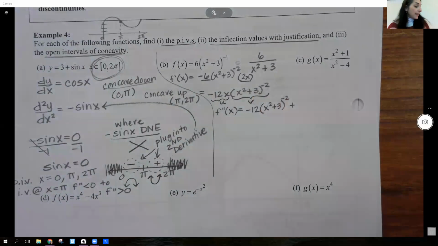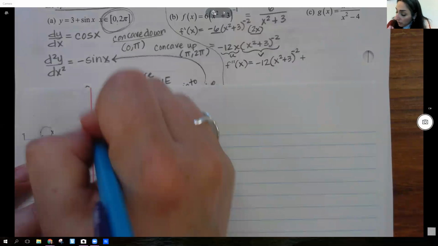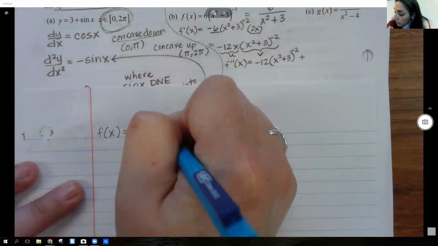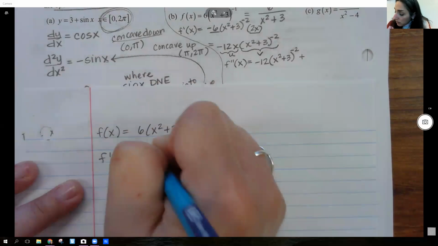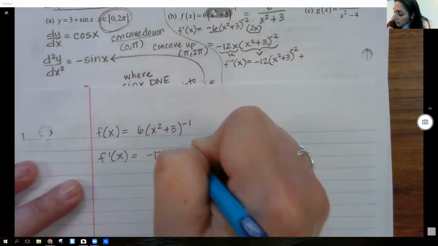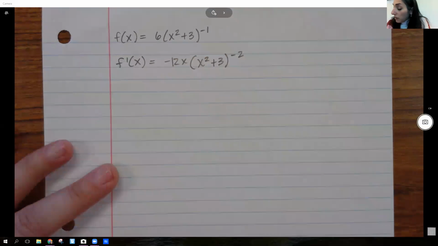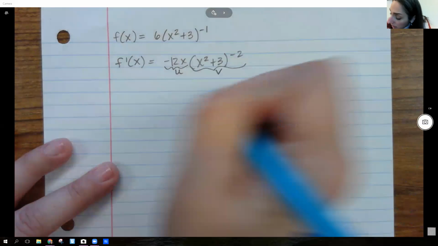plus, I've got to switch to notebook paper. This is just not enough space. All right, so f of x was 6 over x squared plus 3, to the -1. Oh, 100 times better. All right, so this is u and this is v.